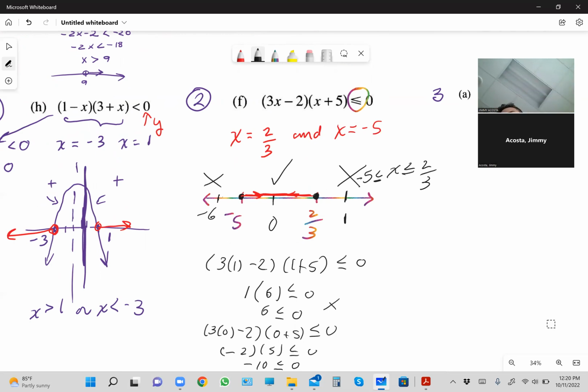That's how I would write my answer. This is an and situation. The previous one was an or situation. When it goes into the center, we say and. When it goes outward, we say or.